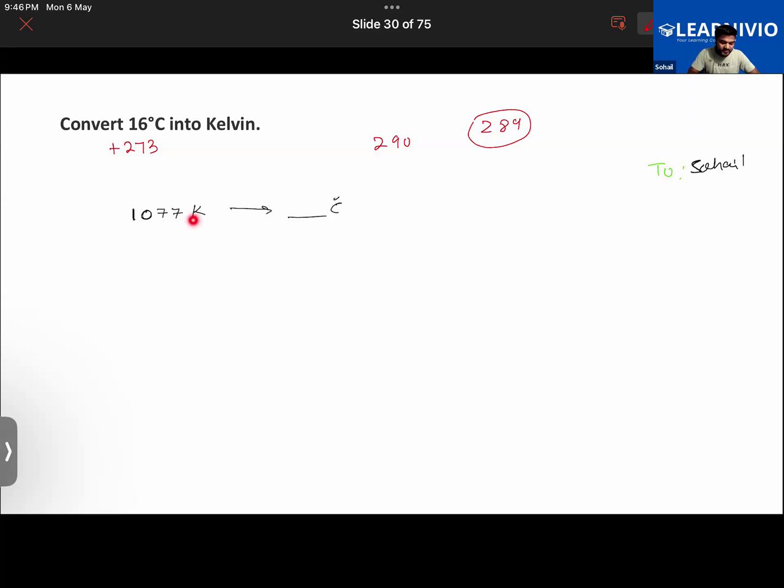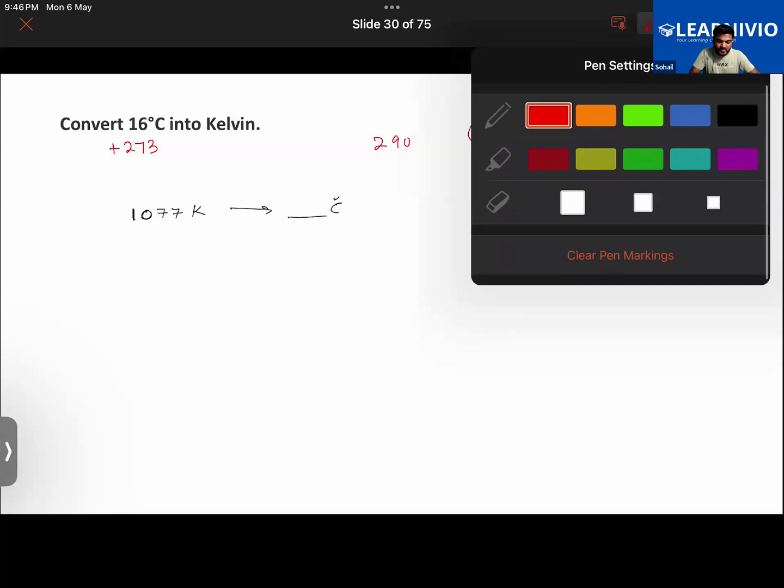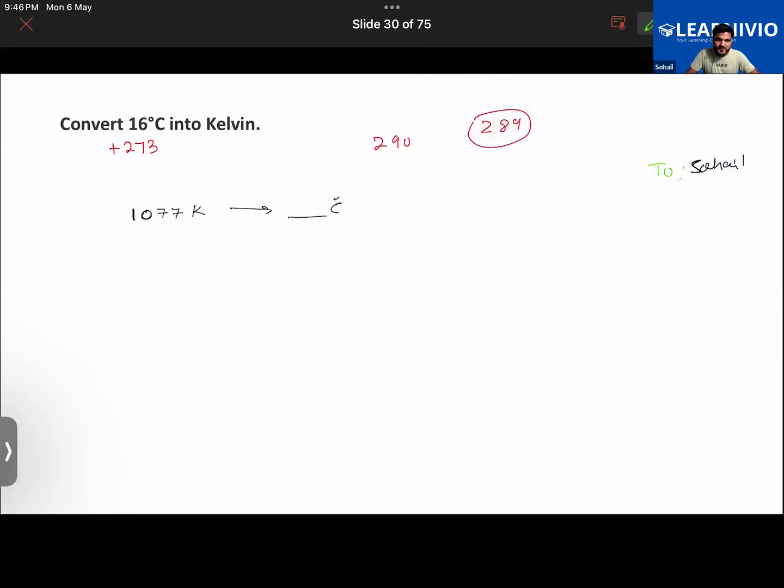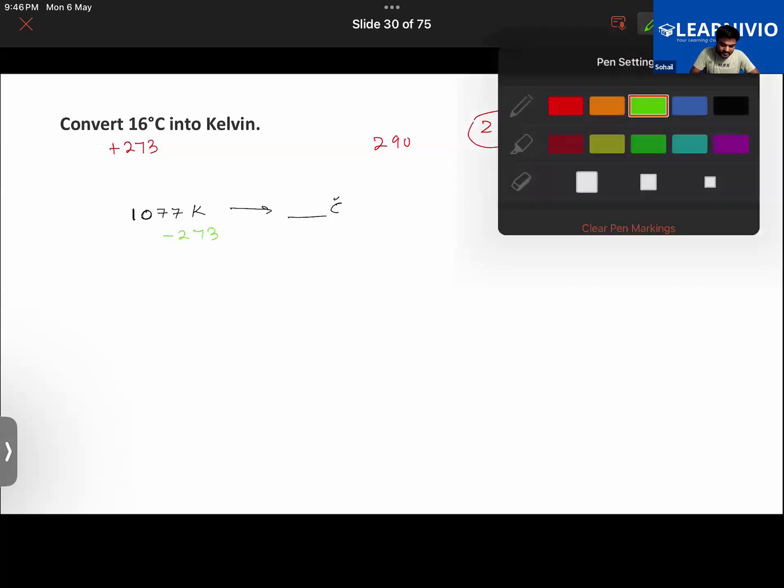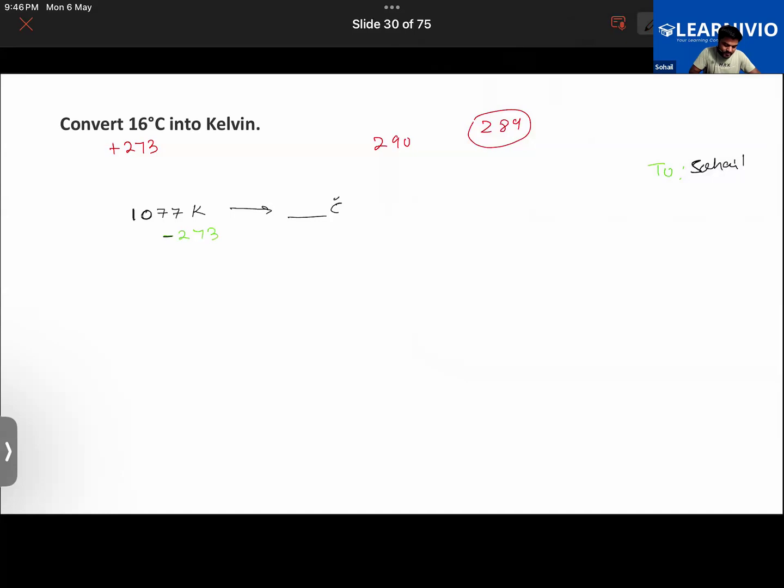Okay, solve the next question. Here you have to convert from Kelvin to Celsius. You should be adding or subtracting 273 from it? Subtracting, very good. So subtract this value and tell me what the value is. That is correct.